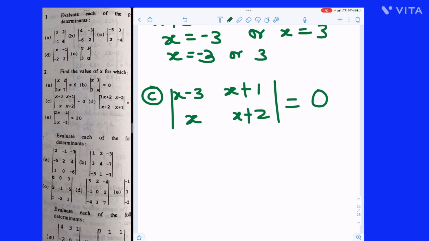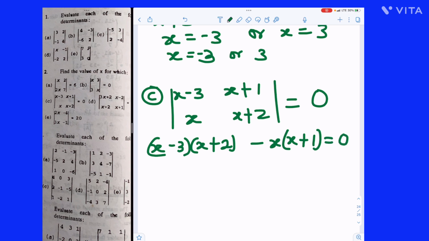That means x minus 3 times x plus 2 minus x times x plus 1 is equal to 0. If you expand this correctly, you will get x squared minus x minus 6 minus x squared minus x equals 0.